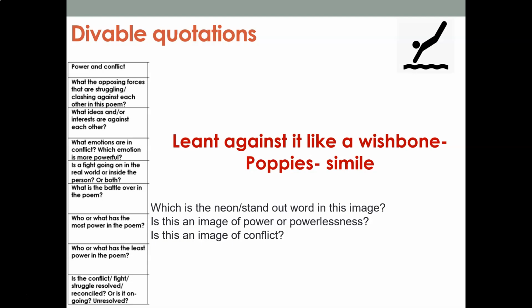Okay, is there an image of conflict in this line? She leant against it like a wishbone. Is there any sense of her being at war with herself? Any idea? Is there a fight going on inside of her, do you think? What's she fighting to do in this poem?